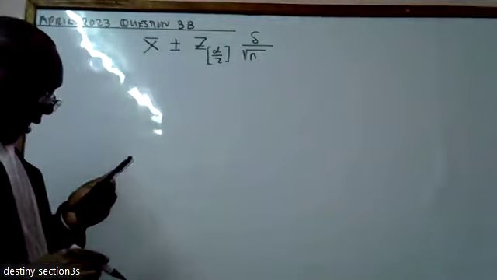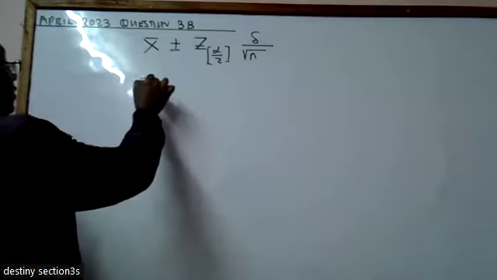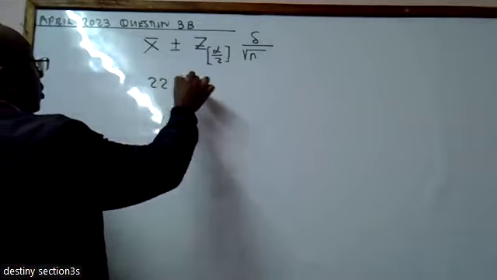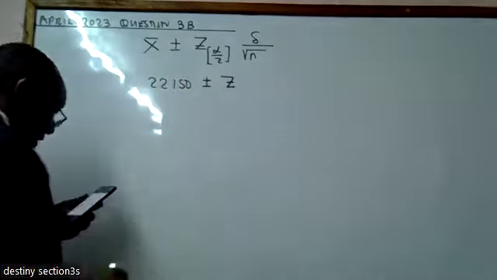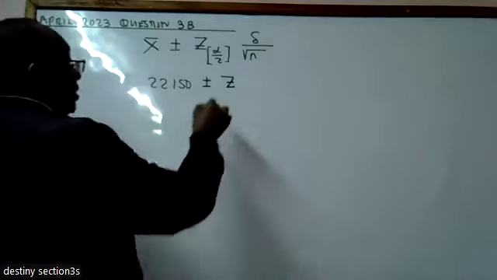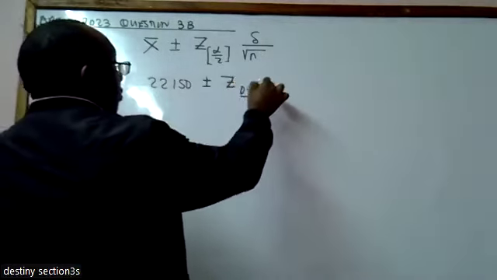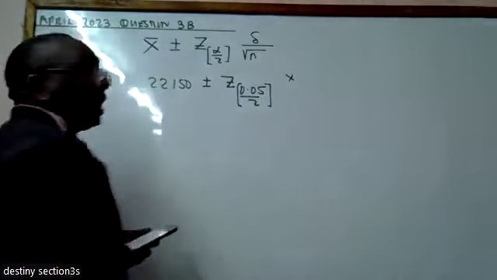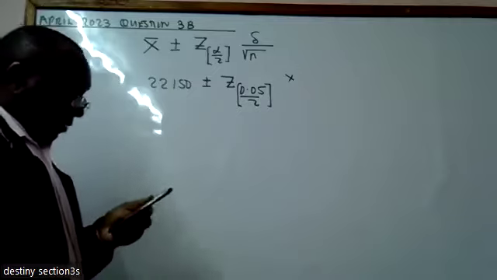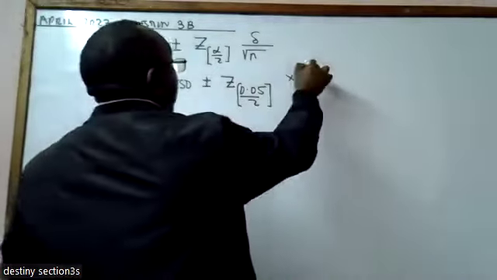So our mean is 22,150, plus or minus Z at 95%, 0.05 out of 2, multiplied by the standard deviation, which is 8,900.